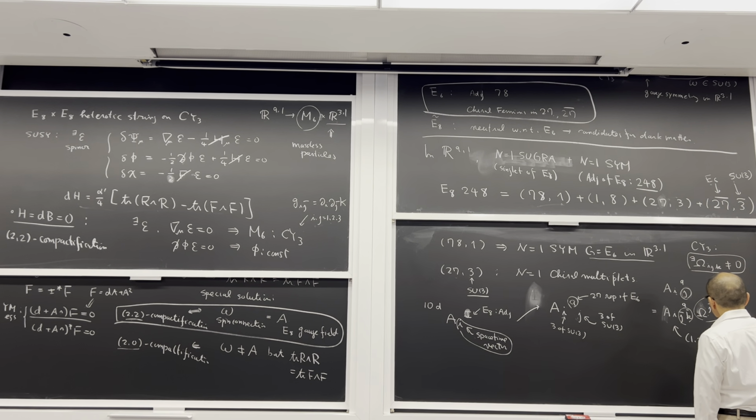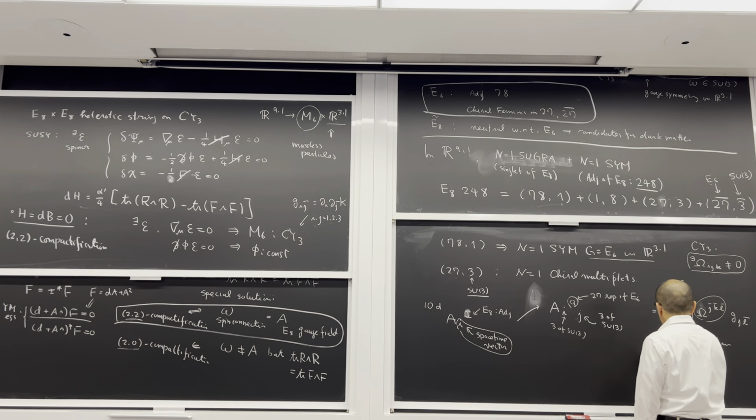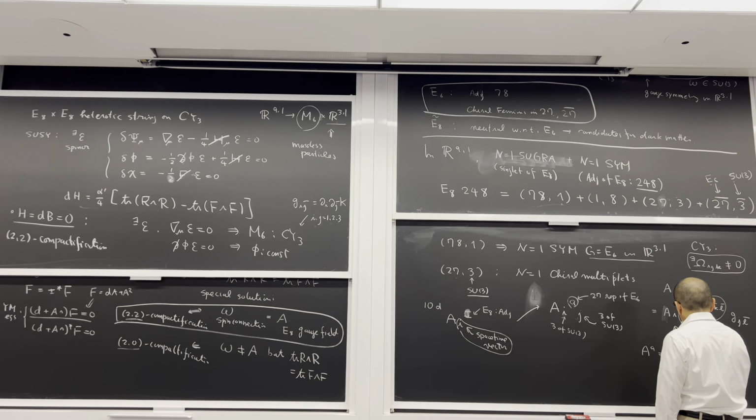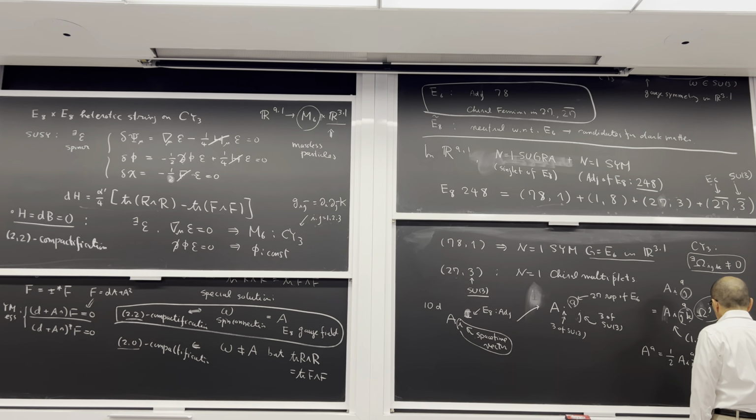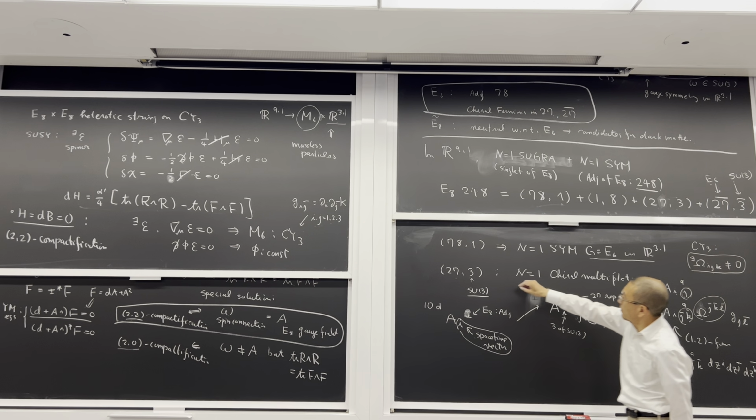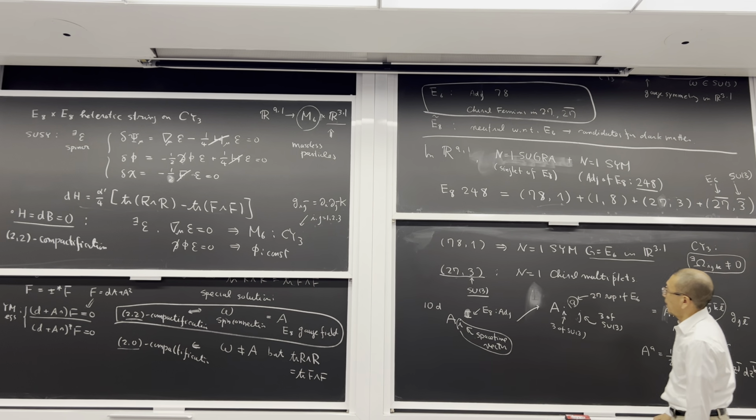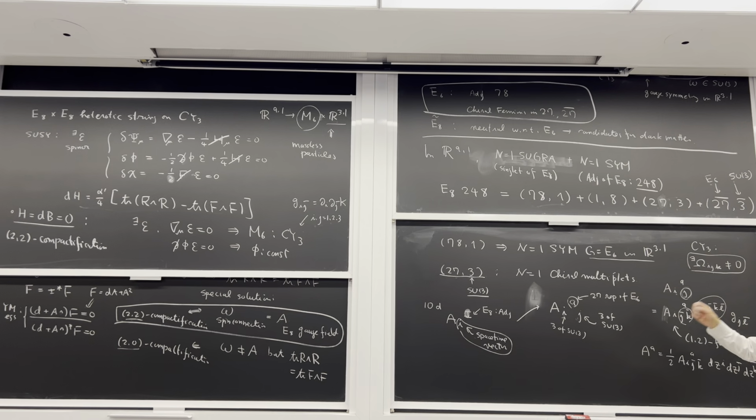Okay, so this is actually a two-form. Namely, there is a natural form which can be written as A_{I\bar J\bar K} dz^I dz^{\bar J} dz^{\bar K}. Therefore, for each state configuration in the representation 27 and 3, you have this (1,2)-form on the Calabi-Yau manifold.